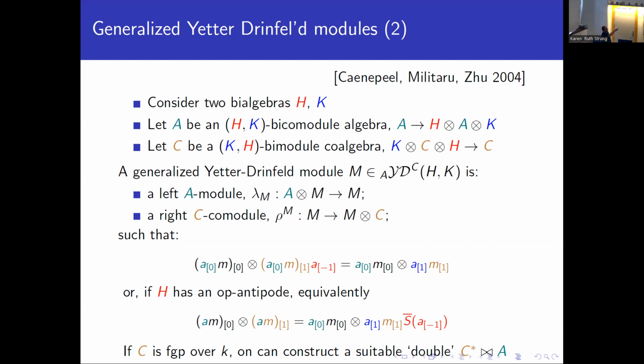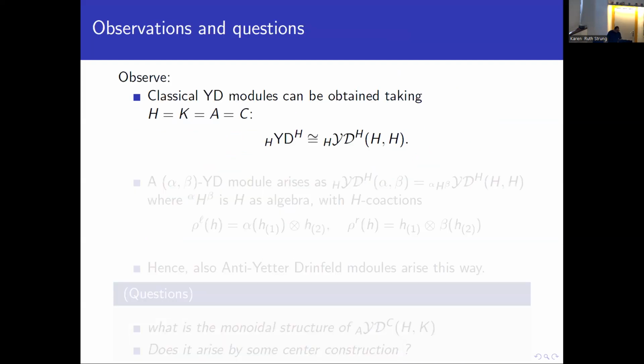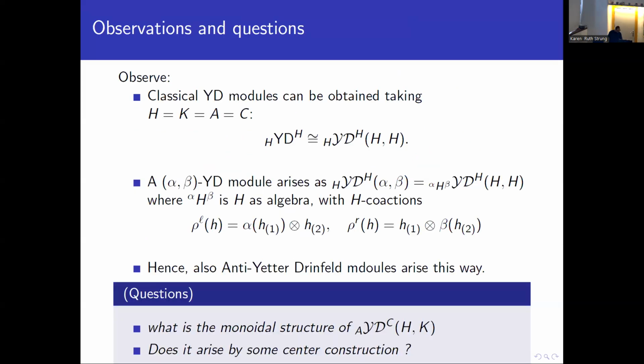This is well known and given by Panaite, Militaru, and Zhu. But the question is: does the category of generalized YD modules arise from some center construction? That's the goal of my talk.